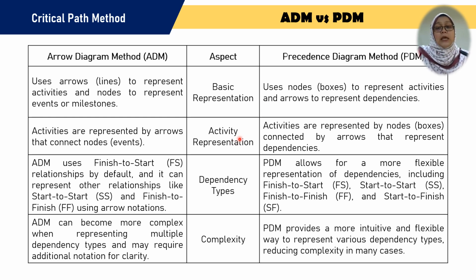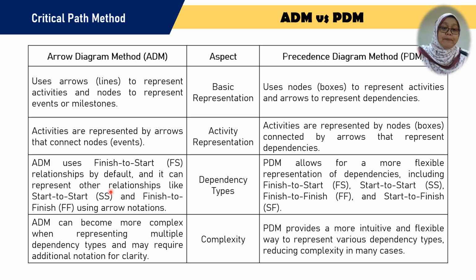In activity representation, ADM activities are represented by arrows that connect nodes, or events, and for PDM, the activities are represented by nodes, or boxes, connected by arrows that represent dependencies. Then we go to the dependency types.